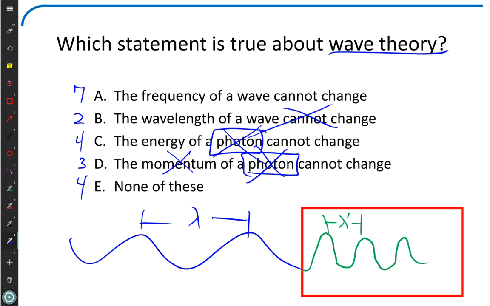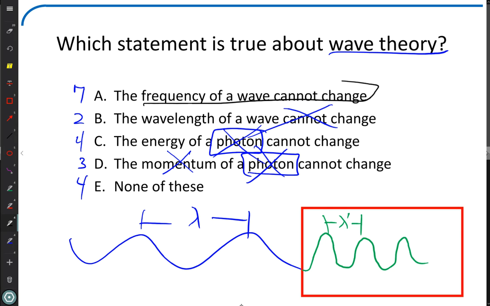So really, we only had two choices left. Now, we had to talk about that speed thing to get rid of the wavelength. But when we talked about that speed, how did we determine that the wavelength got shorter? Because we said that the frequency cannot change. I used the example of a wave on a string.